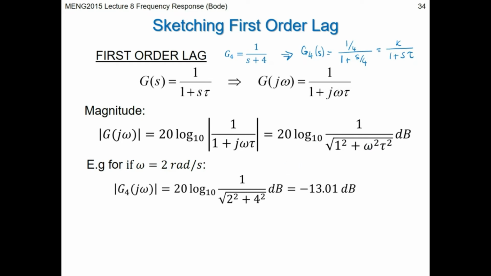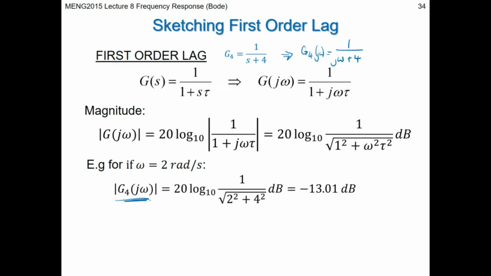So this is a generic expression, but when we are specifically applying it to our transfer function, I'm going to now convert this to j omega. Our G4 becomes 1 over j omega plus 4.